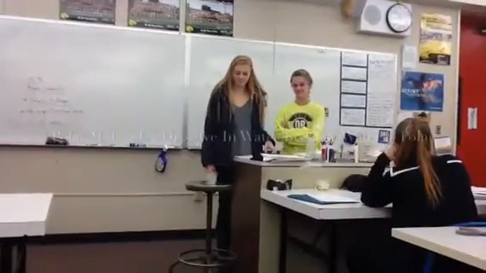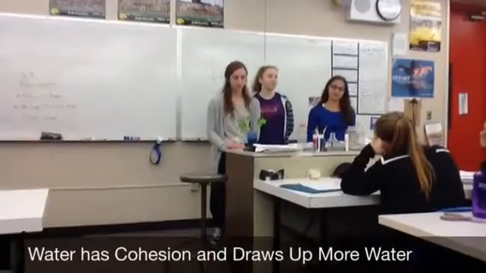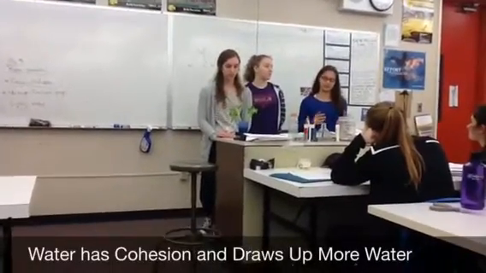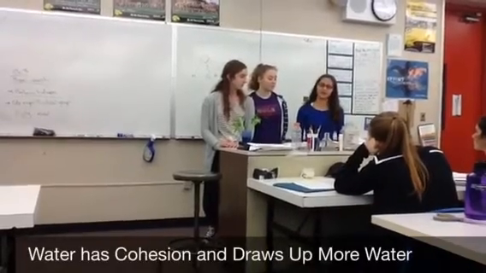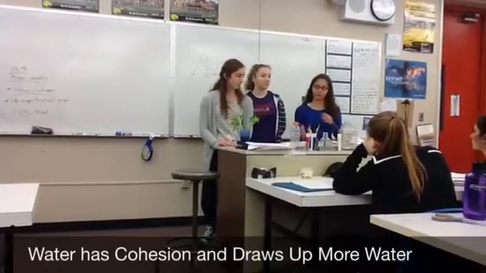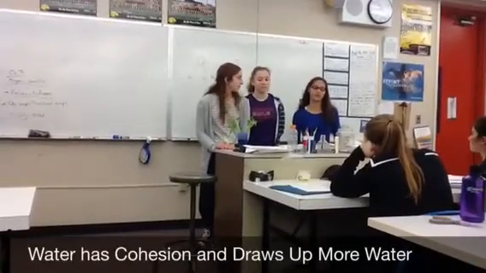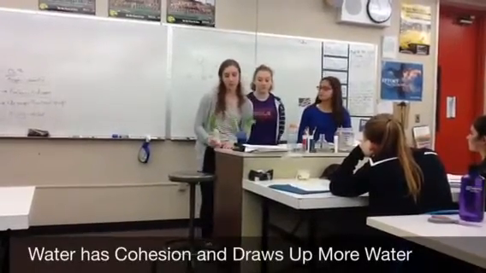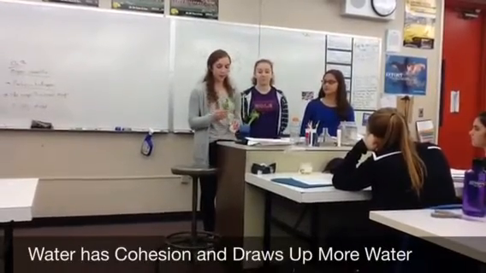Nice. Excellent. Thank you, guys, very much. The property we're demonstrating is cohesion, which is the resistance of separation between water molecules because of the hydrogen bonds. And cohesion allows water to be pulled vertically through the tissues of plants as water evaporates from the leaves. We showed this by putting food coloring in water and then placing the celery in it over a few days.